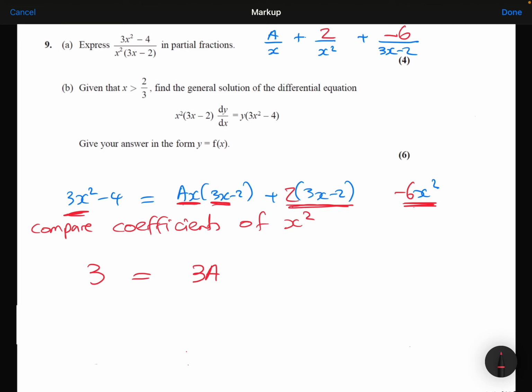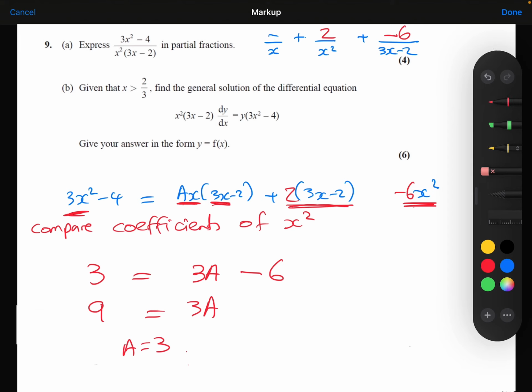And I do have a minus 6x squared there. So just focusing on the coefficients, the numbers in front of the x squareds, I'm now able to say that 3A would have to equal 9, so that A is 3. And that is my answer to part A. So that's the partial fractions bit of this question.